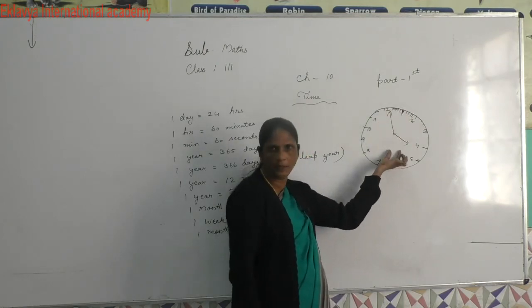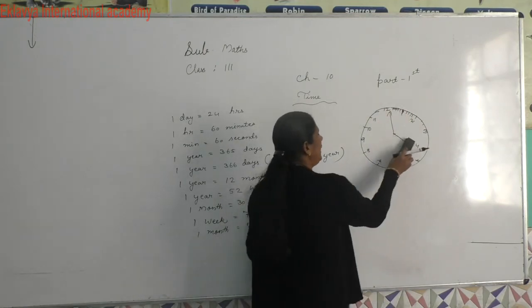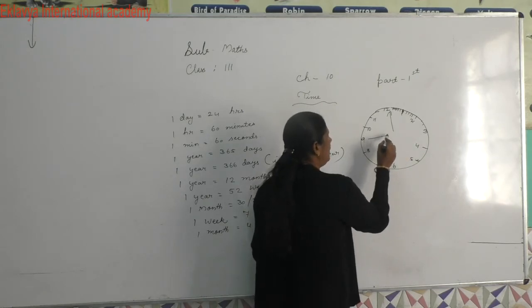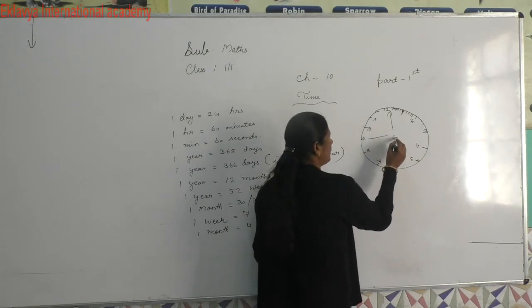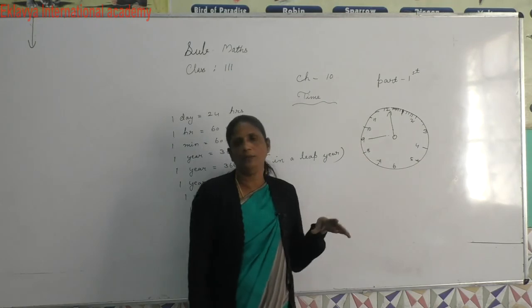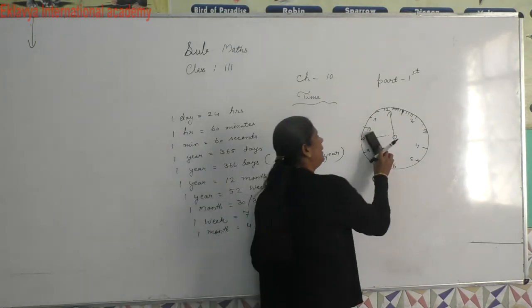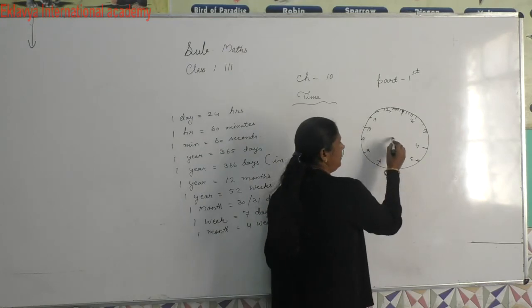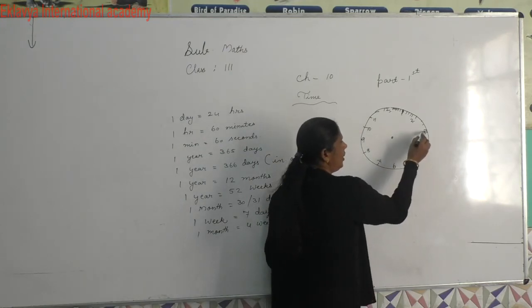What is the time? 4 o'clock. Again, the short hand comes on 9, then the big hand comes on 12. This is 9 o'clock.